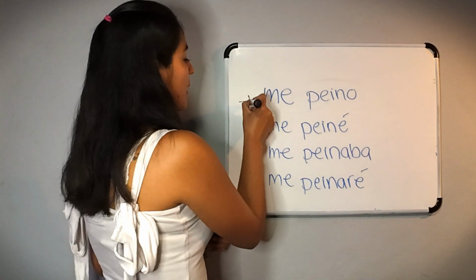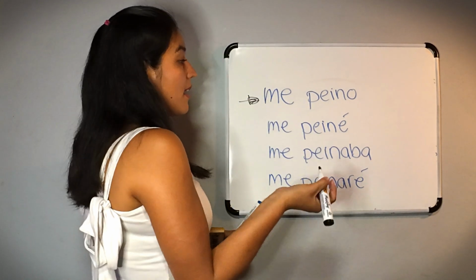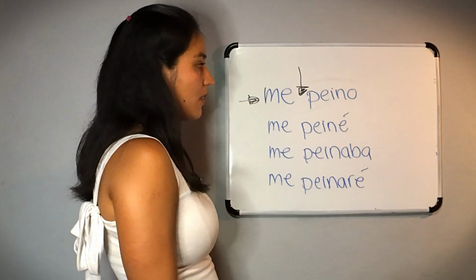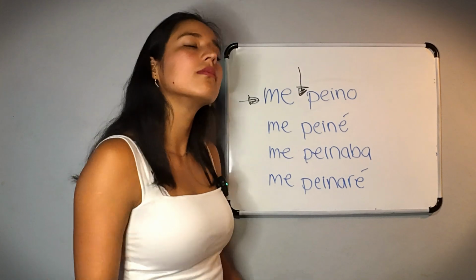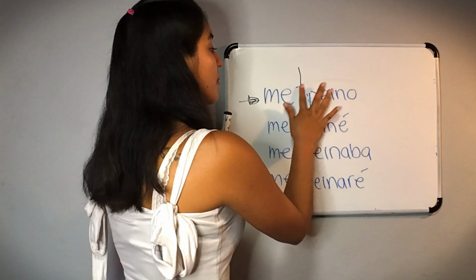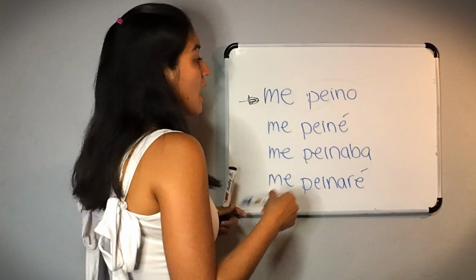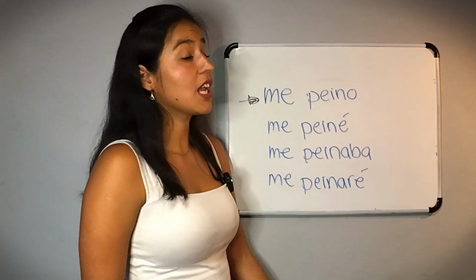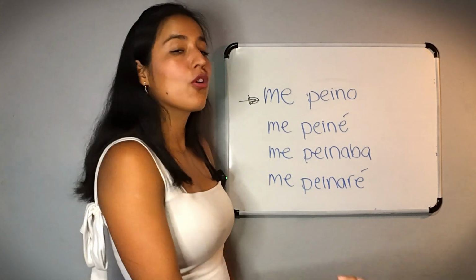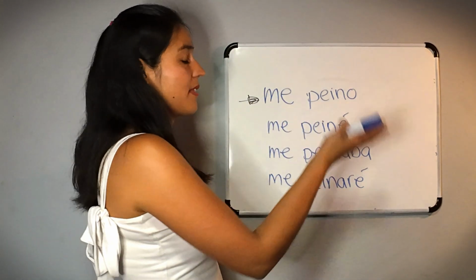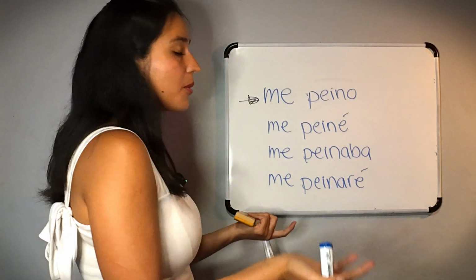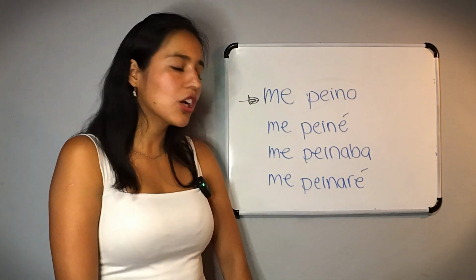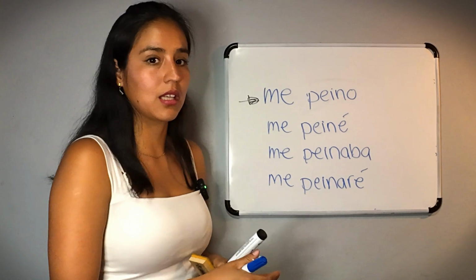So, me peino, present, and if you add the progressive form and you want to say me estoy peinando, it's something different, okay? That's what we checked before. So if it's just one verb, like the verb peinar, to brush, me peino, present, me peiné, simple past, me peinaba, irregular past, me peinaré, future. If you just have this form, it's super simple because you cannot say peinome. No. And here you cannot change it, okay? You have to leave it like this.